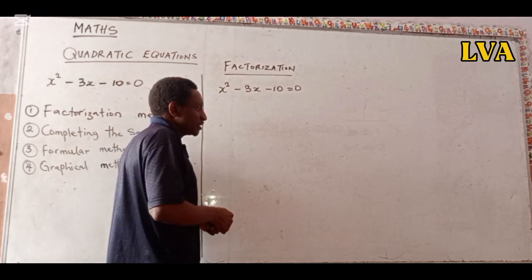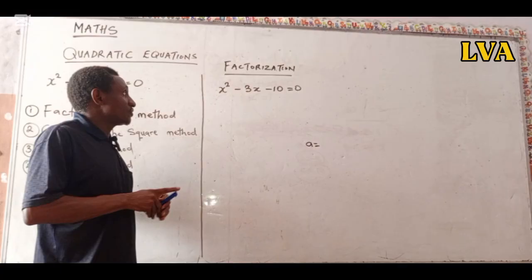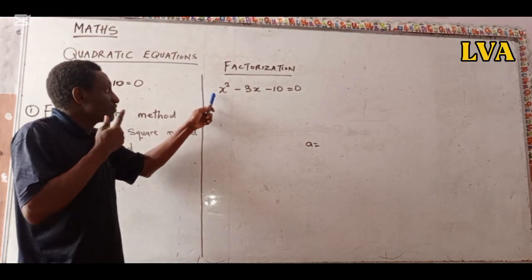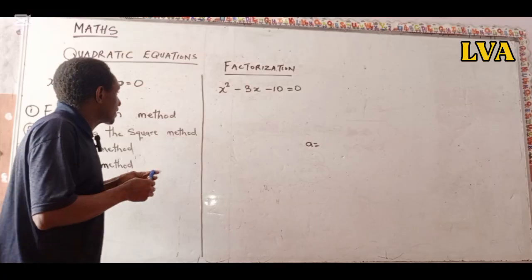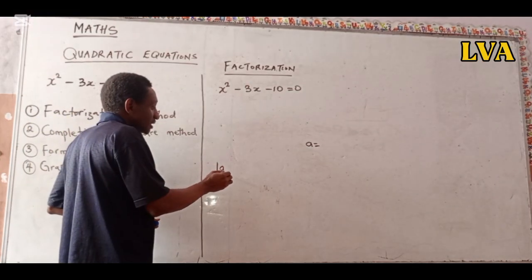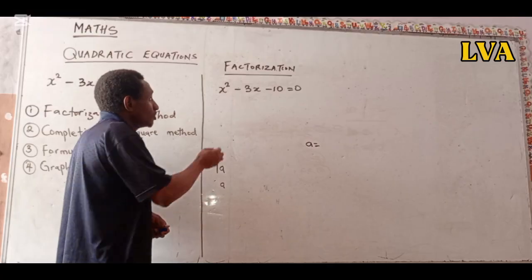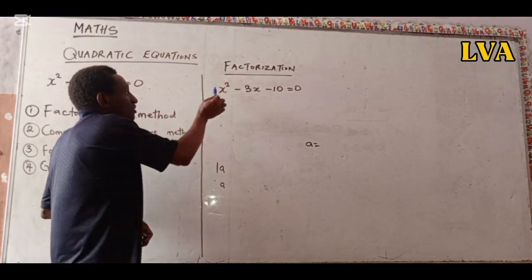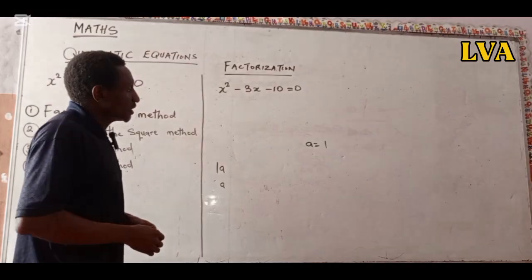If you look at this question, it doesn't have a written coefficient. And of course, you know in maths, if no coefficient is written there, it means the coefficient is 1, because writing 1a is the same thing as just writing a. So I don't need to put the 1. So our a is 1.